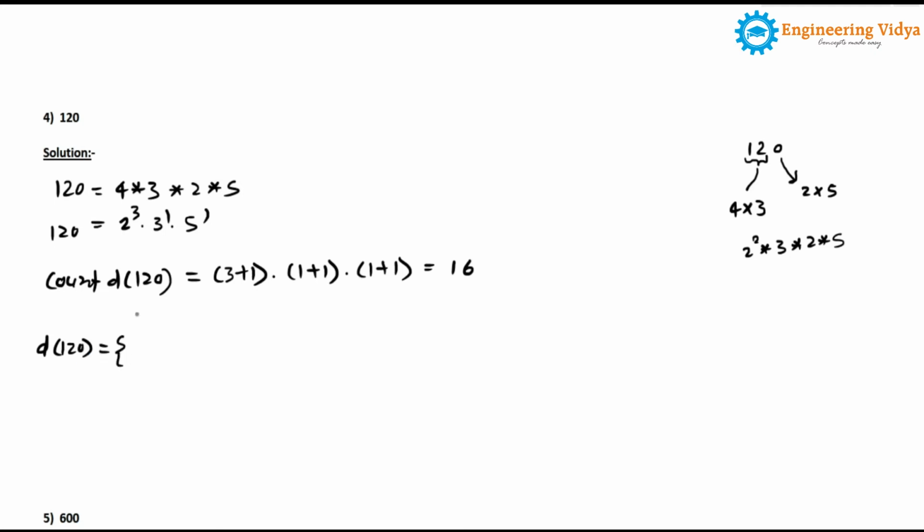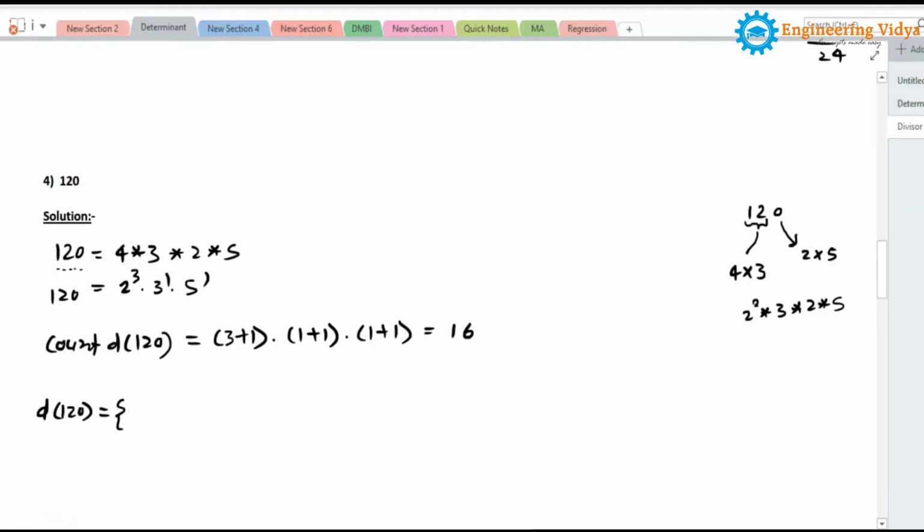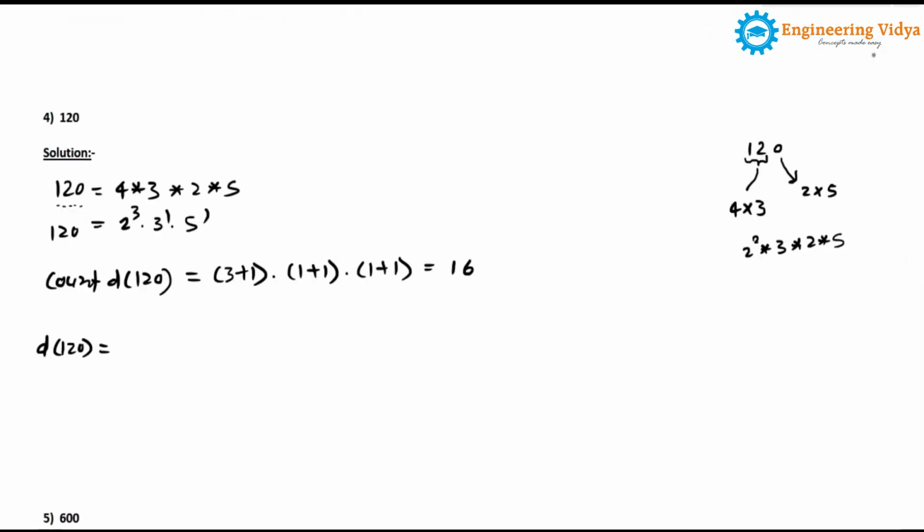120 here we have, right? So since we know that every number will be divided by itself as well as by 1, now I'll write the numbers that can divide 120.